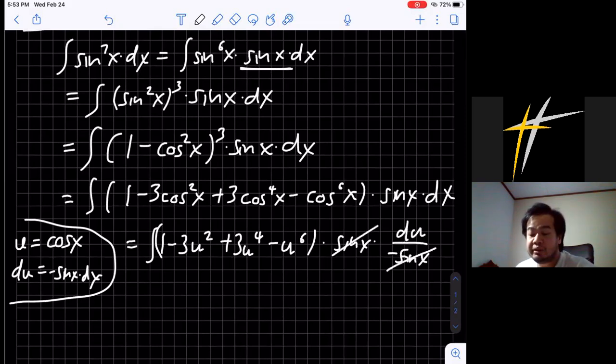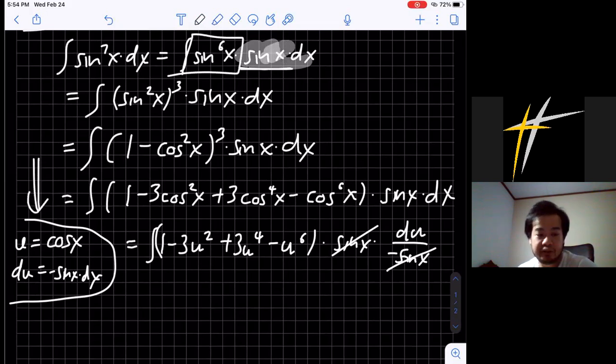Now let me explain the goal of separating the single power of sine here. The idea is to keep the sine and change the rest into cosine. And then after that we use this substitution and then we use the algebraic substitution method.